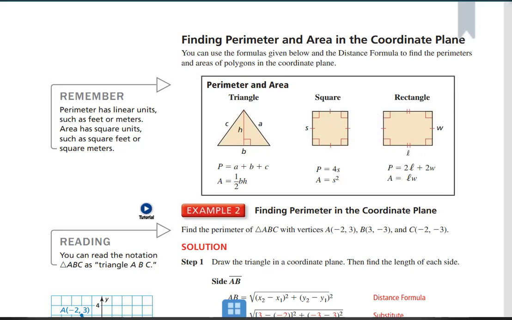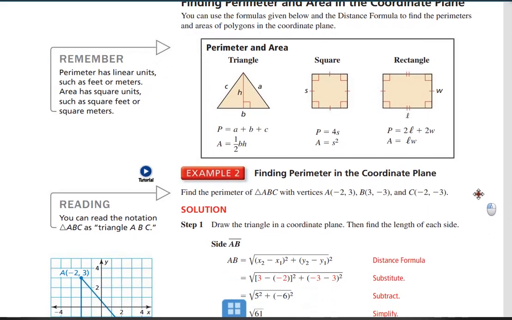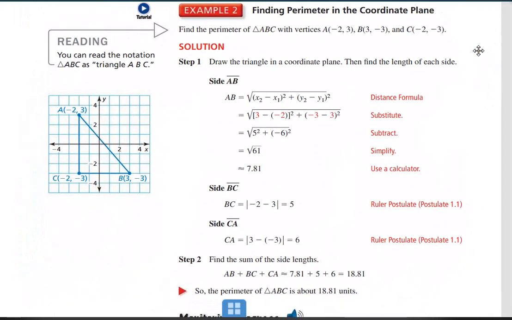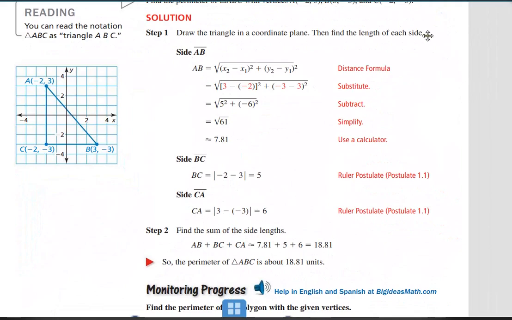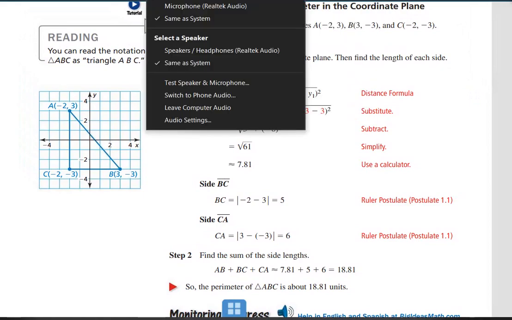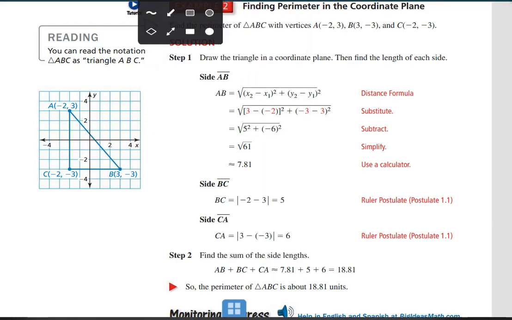If you're having to find the perimeter in a coordinate plane, notice two of the sides.